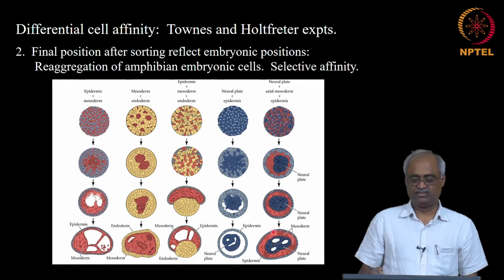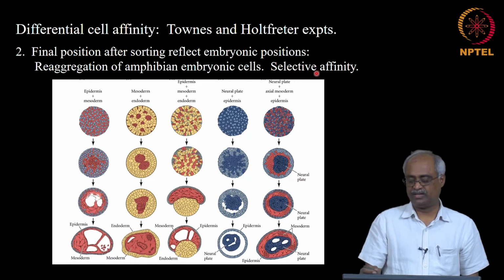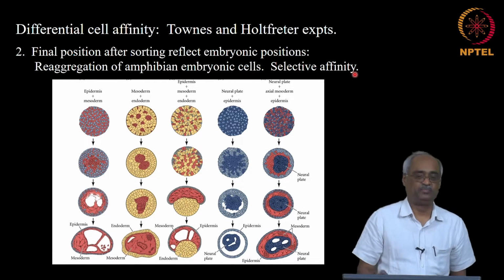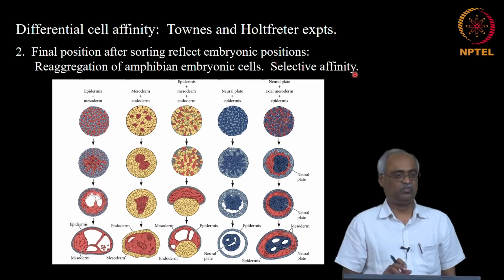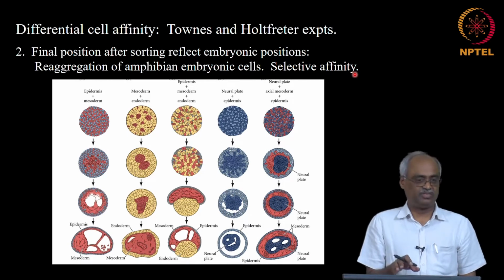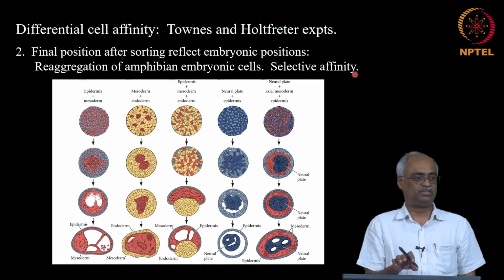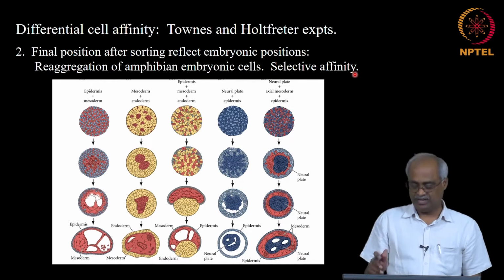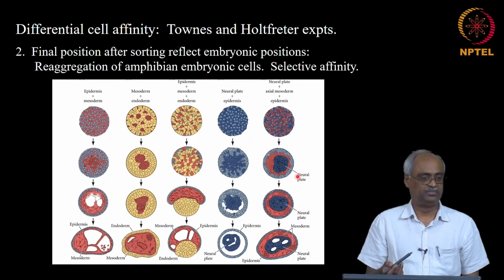So, this suggested to Holtfreter that there is selective affinity. Each cell seems to know with what it wants to interact and with what it wants to avoid interacting. Like for example, the mesoderm and epidermis seem to interact, and epidermis seems to always avoid the endoderm, and so on.